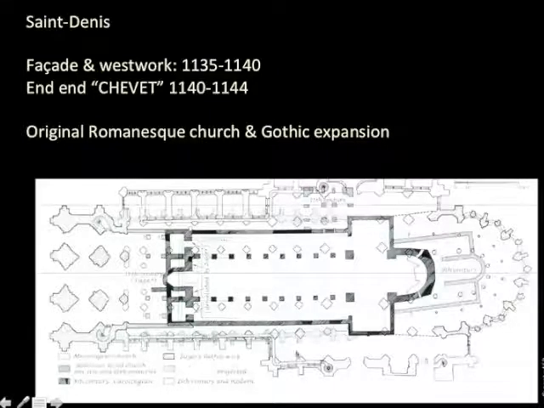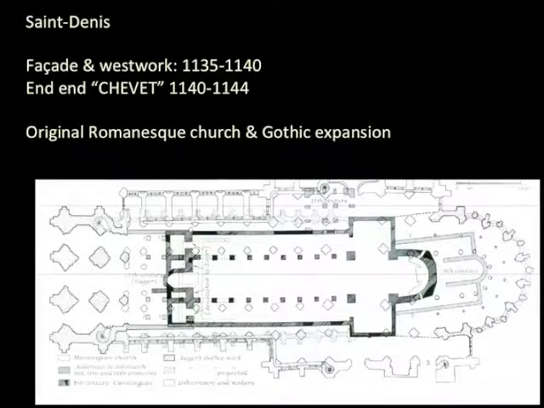And already here at Saint-Denis, which is early, the structural work is being done by these buttresses that are perpendicular to the nave. So you have mass, you have material that holds the thrusts coming down from the ribs in check, but it's not blocking the space, but rather it's perpendicular to the space so that light can move through and you can have these large surfaces of stained glass windows.